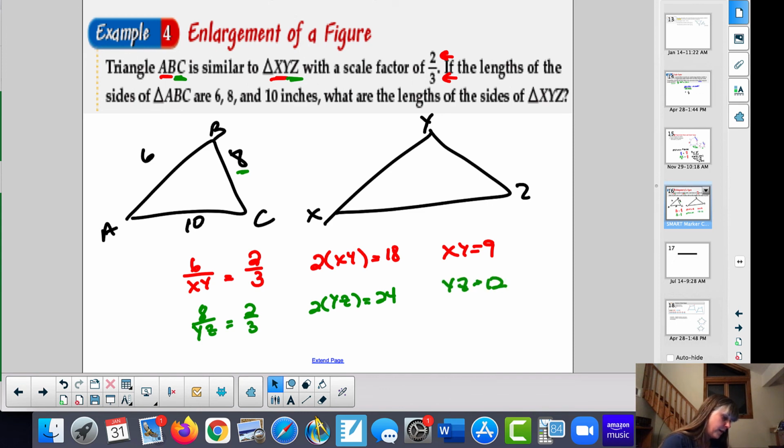And finally, for XZ, that goes with AC. And so 2 times XZ equals 30. So XZ equals 15. So that's how we would get those 3 sides.